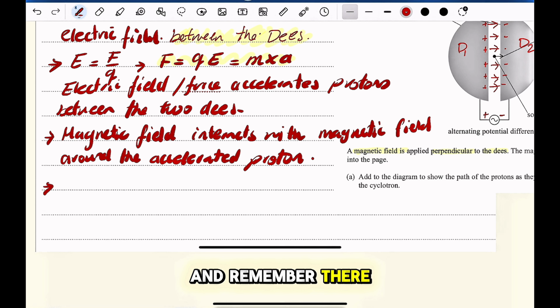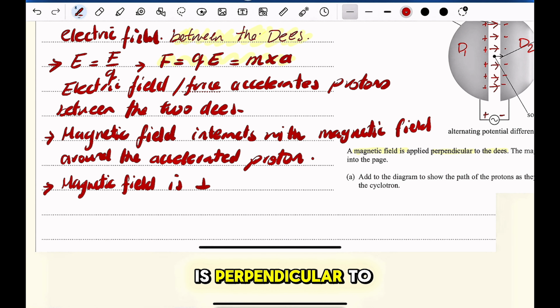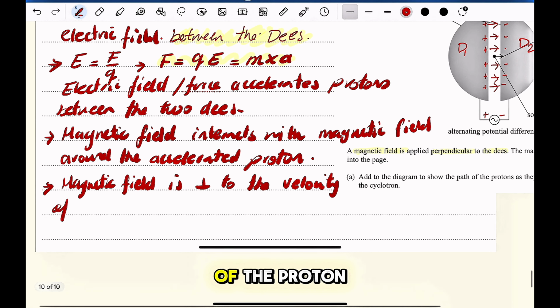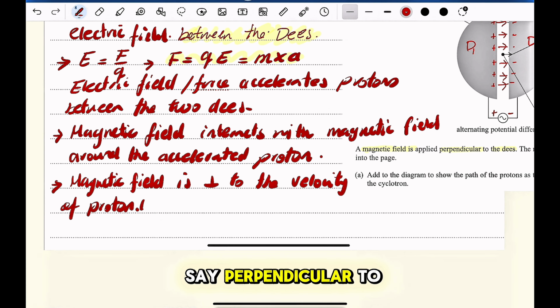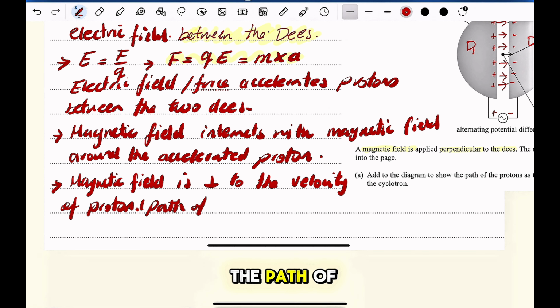And remember, there is an electromagnetic force which causes a centripetal force as well. The magnetic field is perpendicular to the velocity of the proton, or perpendicular to the path of the proton.